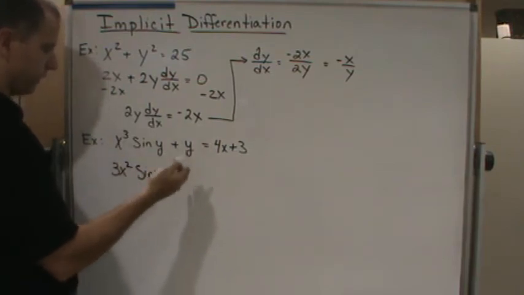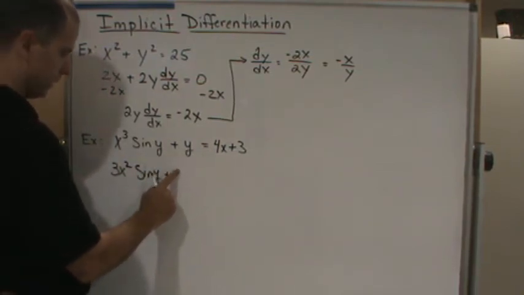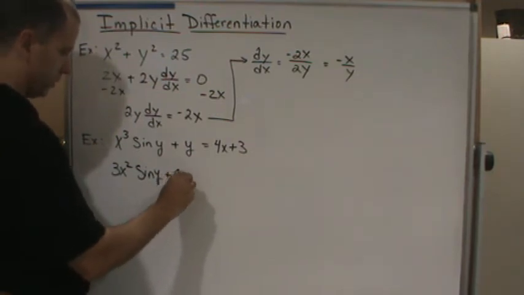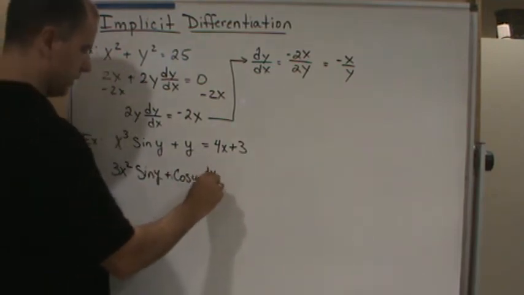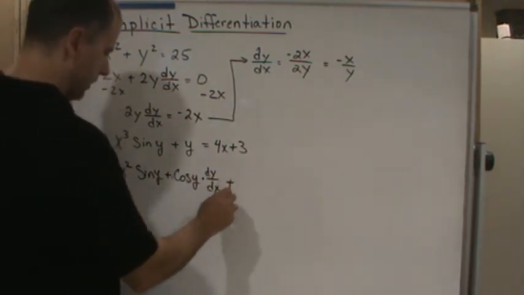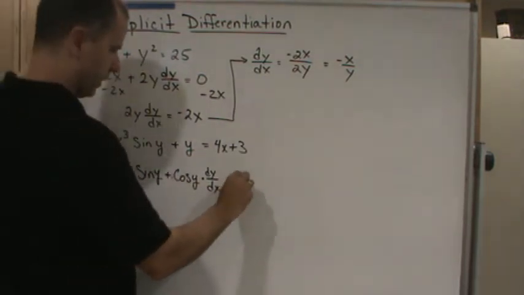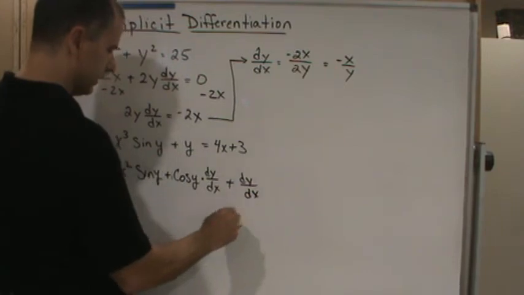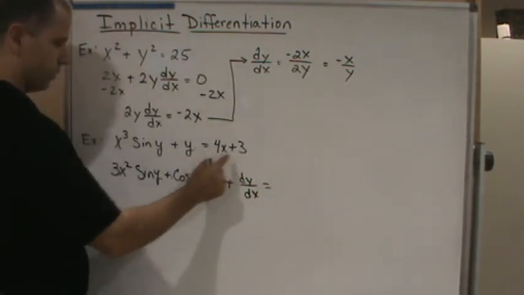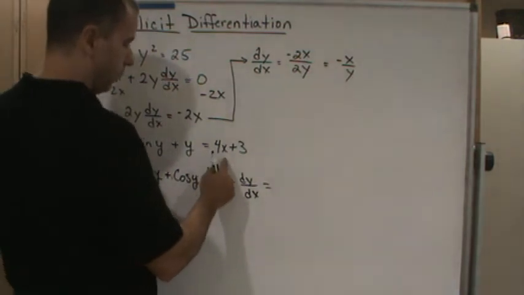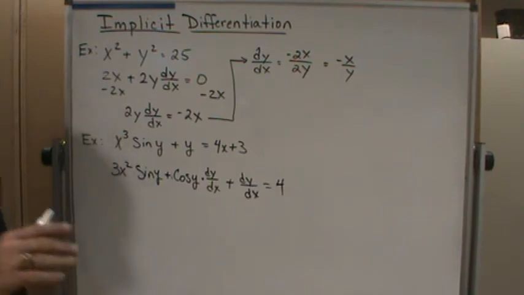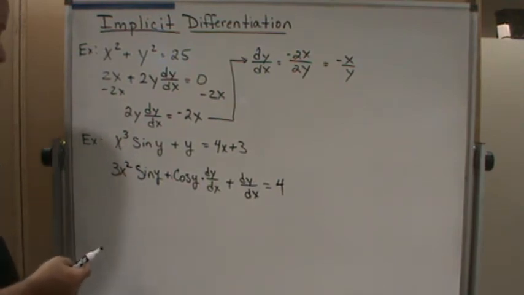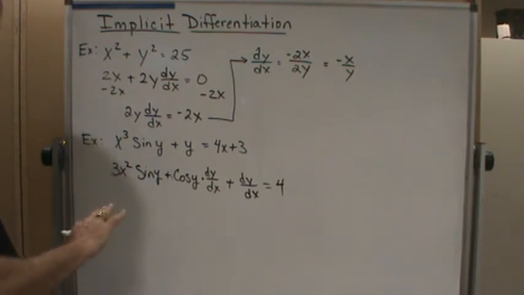So the derivative of the second is going to be negative sine y times the derivative of the inside function, which is dy/dx. Plus, again, we have y, so this is going to be another dy/dx. And then equals the derivative of the other side, which is going to be 4. Now I'm going to collect all the terms that have dy/dx in them and put those on one side of the equals sign, and everything else on the other side.